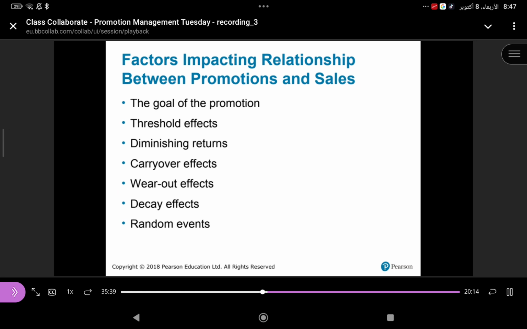Off-season sales, distribution, all these things play a very important role. So when the customers see all these impacts, the companies try to overcome, they come up with some solutions, they try to reinvent their marketing practices.